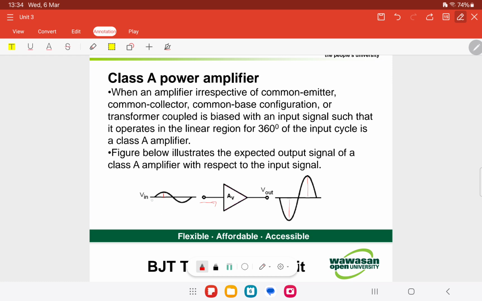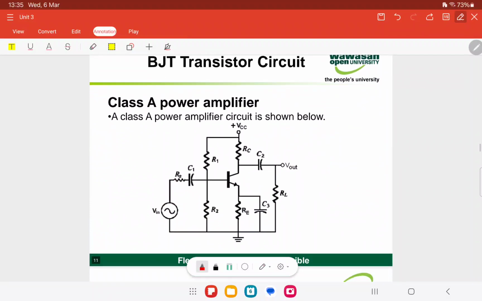Look here: for the input signal, the first half cycle is the positive cycle, but here we have the negative cycle, meaning it is a 360 degree change. It is kind of a mirror of the input signal.